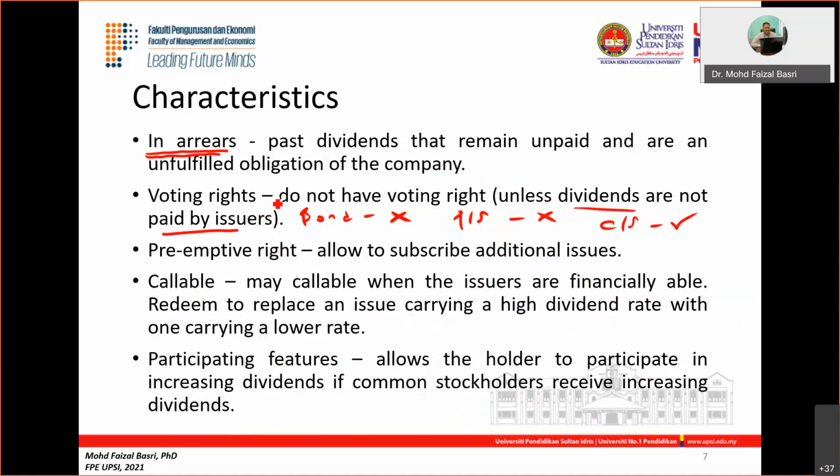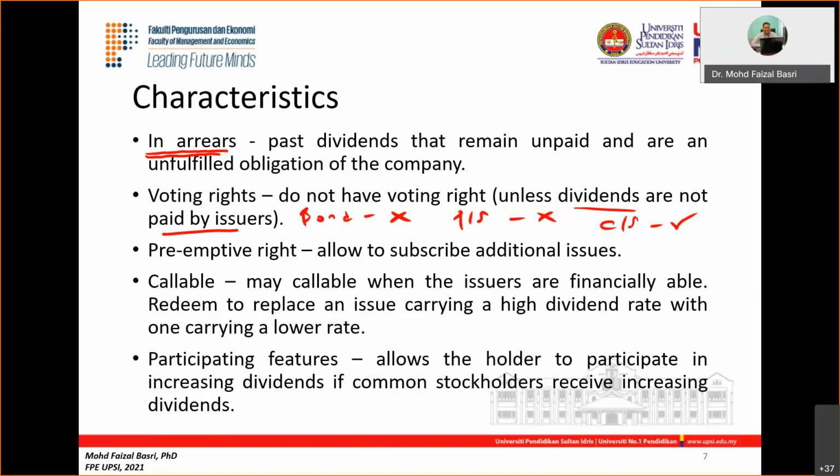What kind of voting rights? They can vote in major decisions of the company. In terms of what kind of decisions, it can be in the form of electing a new board of directors, for example, or being involved in decision making on the issuance of new stocks.